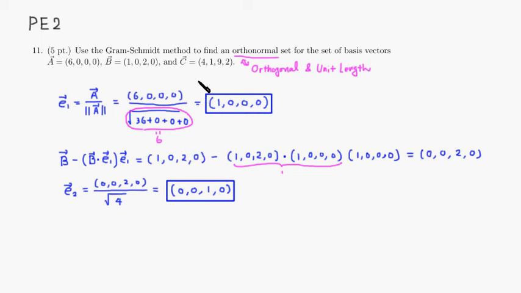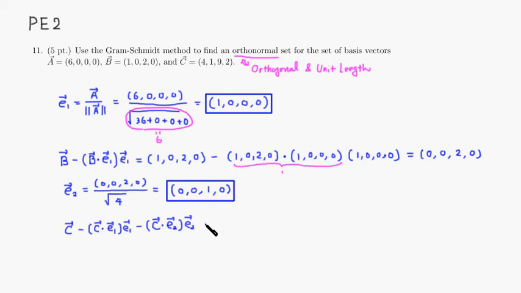So we start with C, take away the component of C in the direction of E1, and also take away the component of C in the direction of E2.